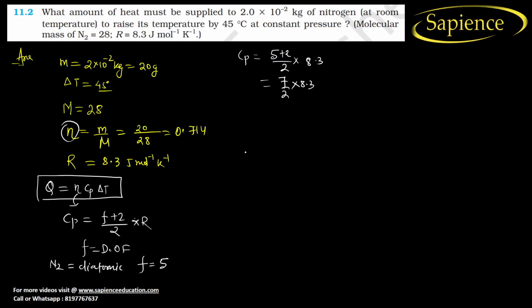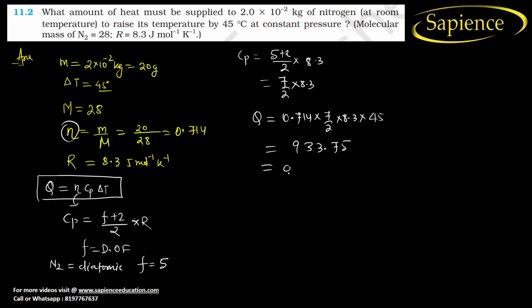Now we have got the Cp and delta T. Now we can find the amount of heat absorbed. So the amount of heat absorbed is equal to n, that is 0.714, into Cp value 7 by 2 into 8.3, into delta T equal to 45 degrees. So when we multiply it, we will get approximately 933.75.